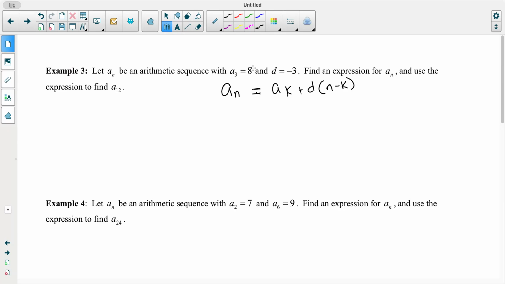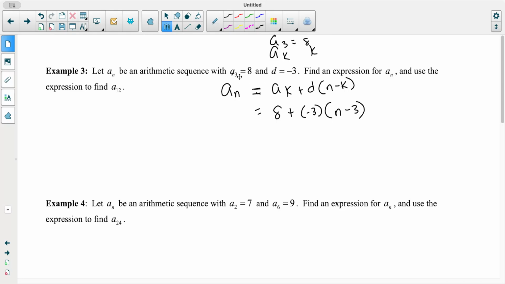In this case, a sub 3 is 8. So a sub k is 8 plus my common difference of negative 3. And then the k is what I substitute for the n here. So a sub 3 equals 8. So n minus 3 is basically what you do to substitute it in.